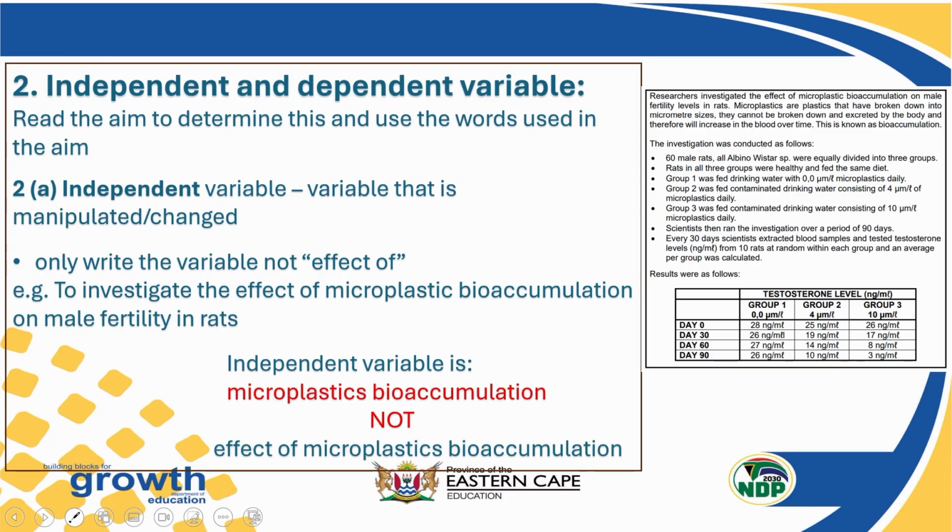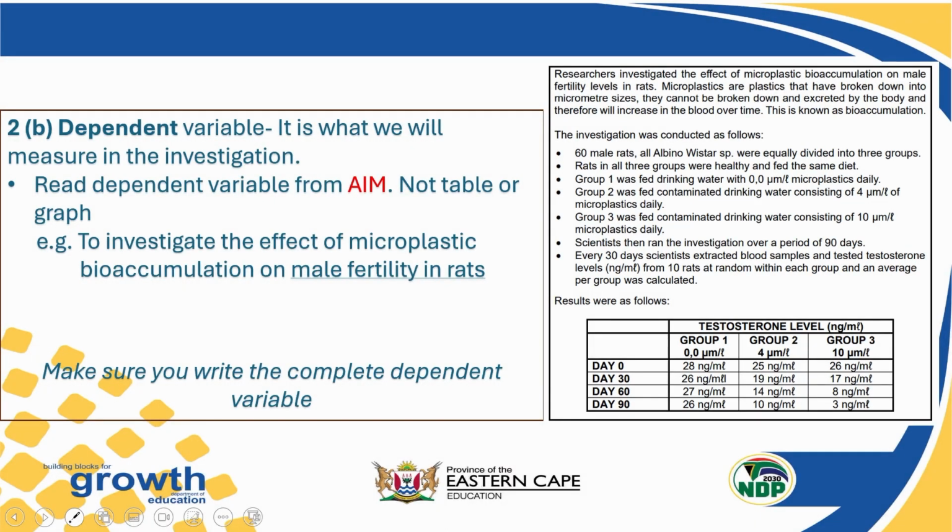Now, when we write this in an exam, we do not write the effect of microplastic bioaccumulation. That is part of the aim. The independent variable is just microplastic bioaccumulation. The dependent variable is the variable that we are measuring in this investigation.